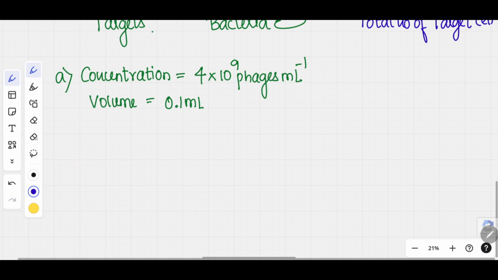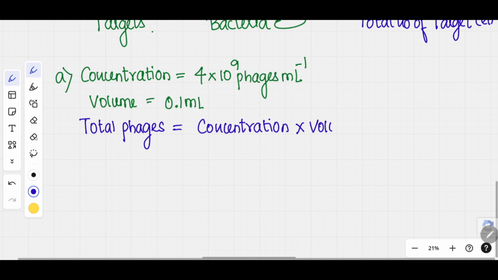Therefore, how do you calculate it? Total phages is nothing but concentration multiplied by volume. So 4 into 10 to the power of 9 per milliliter into 0.1 milliliter.